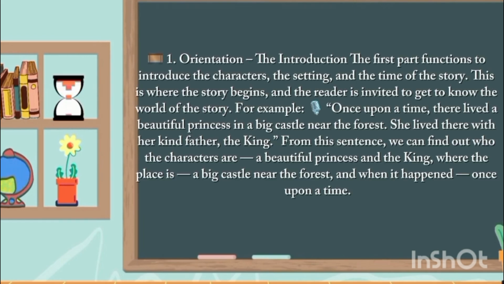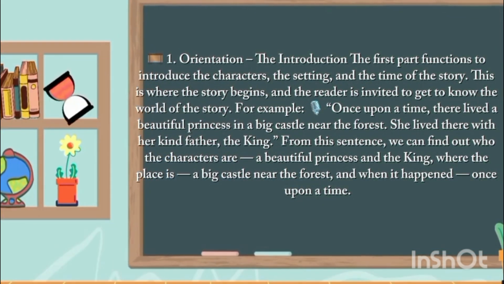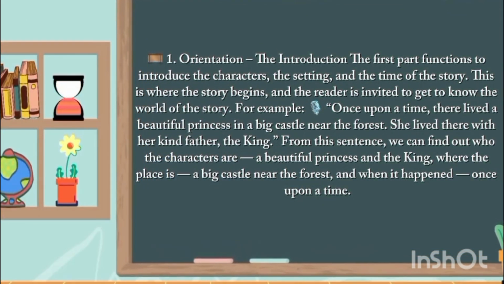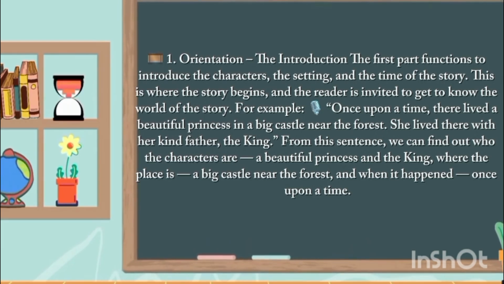First, orientation. The introduction. The first part functions to introduce the characters, the setting, and the time of the story. This is where the story begins, and the reader is invited to get to know the world of the story. For example, once upon a time, there lived a beautiful princess in a big castle near the forest.